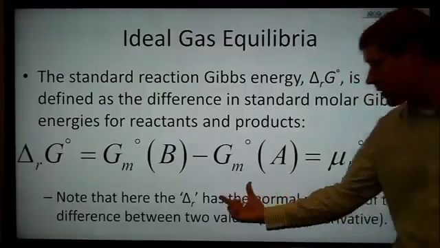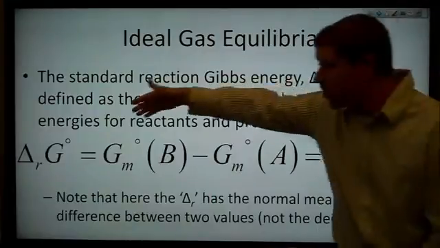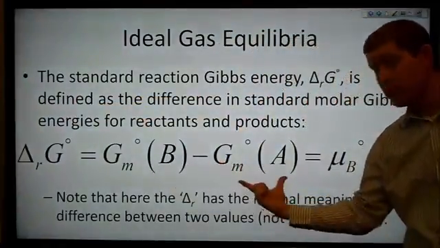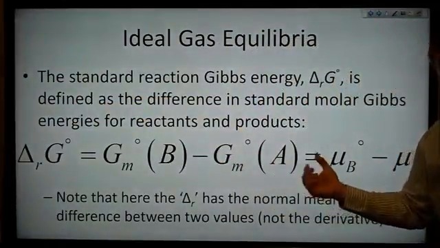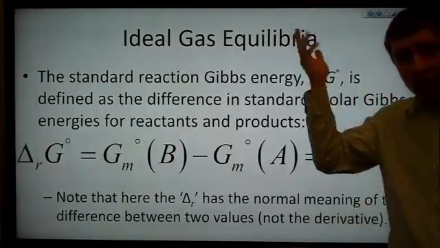Note here that our delta R now has our normal meaning of the difference between two values, a difference between two G naught values. So this is different. It's not the derivative that we saw earlier.